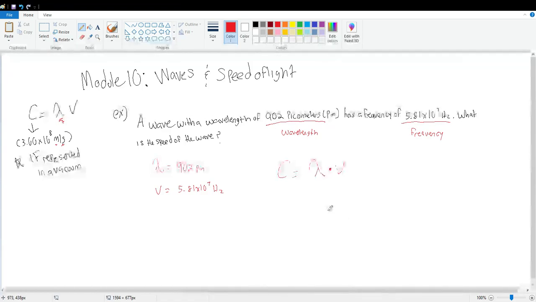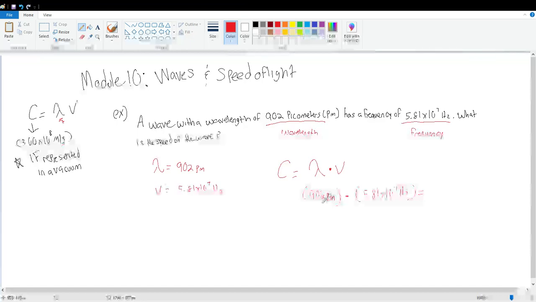So there's two ways to approach this problem. You could just plug in your numbers like you have already. So 902 picometers times 5.81 times 10 to the 7th hertz. Get your value and work from there. Or you could convert picometers to meters, and then multiply that value by your frequency.